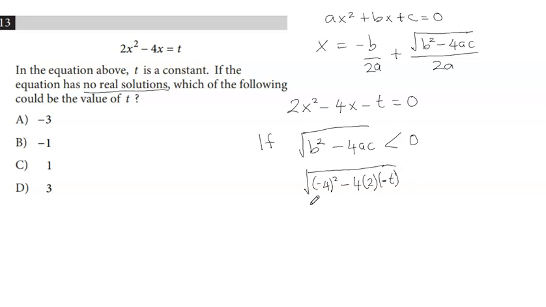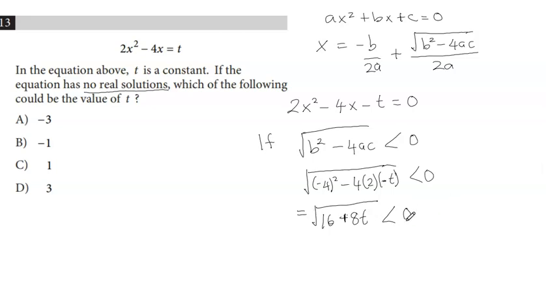Right? So this in effect becomes square root of 16 minus, and then we have minus 8 times minus t. So this becomes plus what? 8t. And we're saying that this is less than 0.